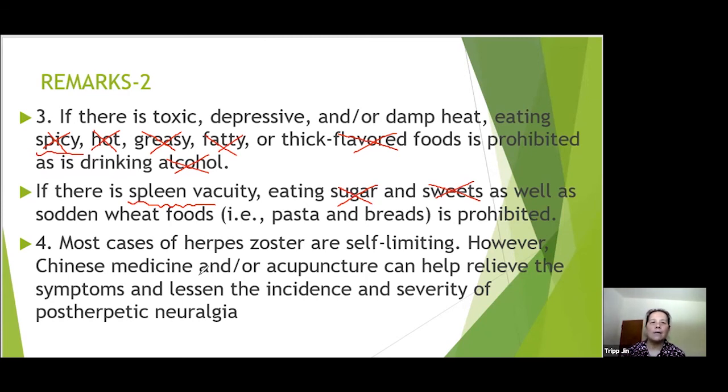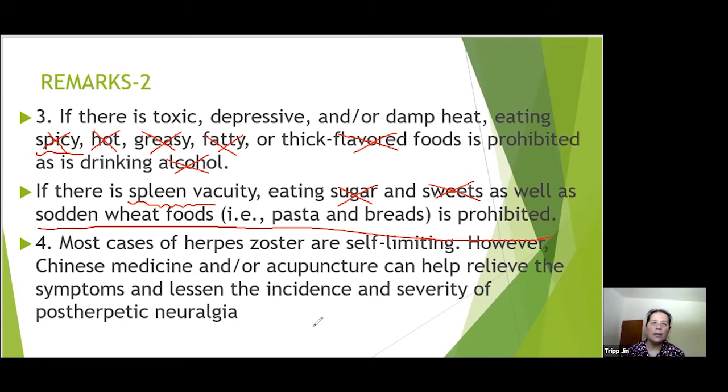Even some foods that contain more sugar or sweet flavors, we still need to be careful not to eat too much. So that's basically the food aspect we need to be careful about.